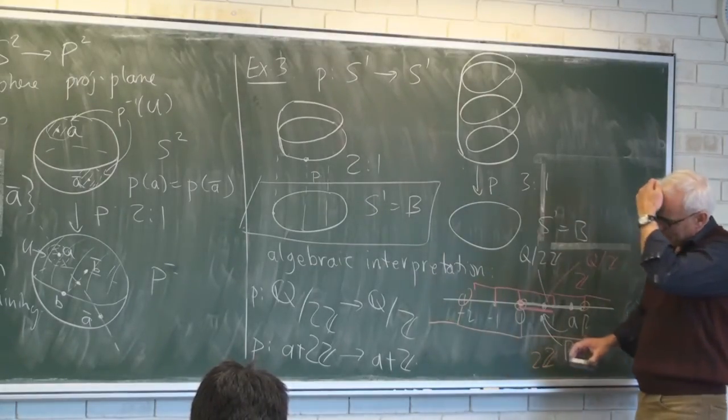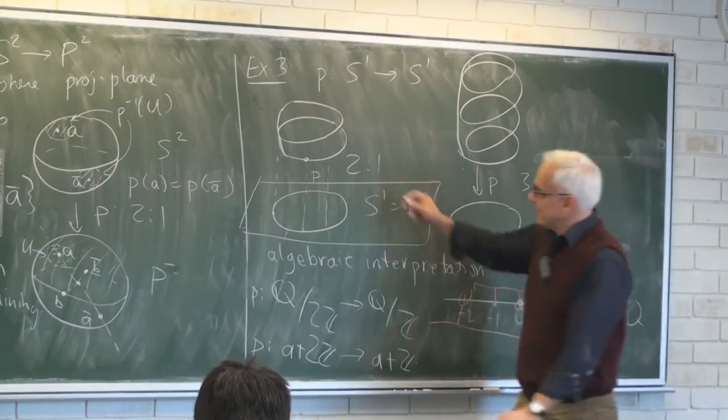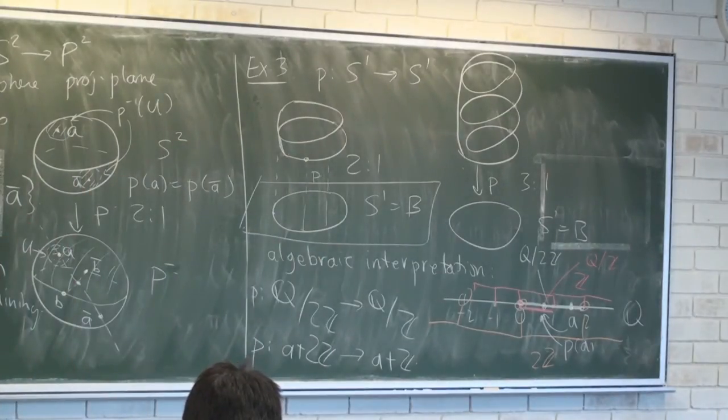Now this kind of covering of a circle by a helix is a little bit problematic to draw because of that self-intersection of the helix. And there's an alternate way of thinking about it, which is kind of useful.